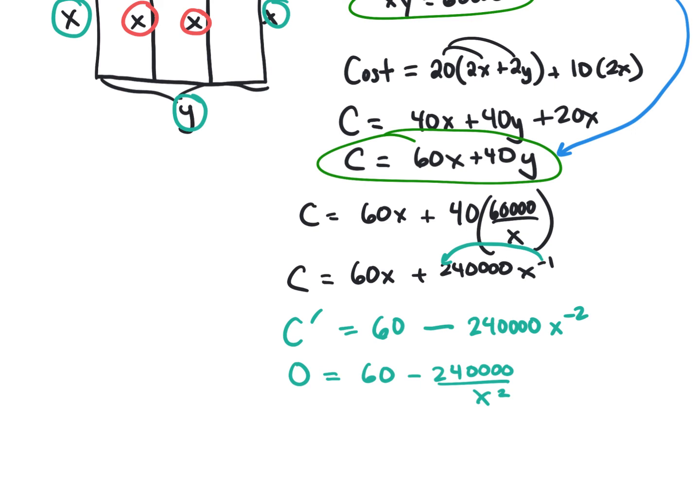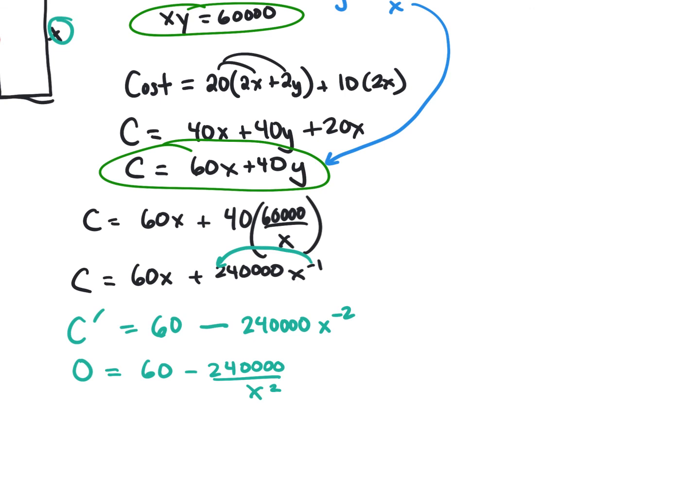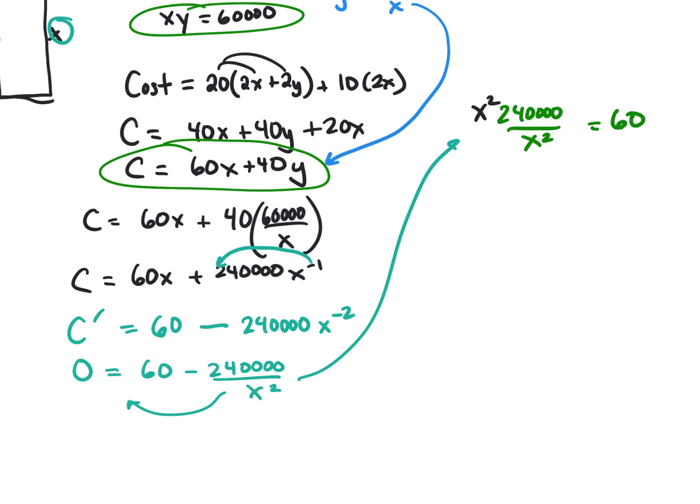So there's a million ways to solve this now that we have this equation. I'm going to add this term to the other side, so I get 2,400,000 over x squared equals 60. Simplest way is to multiply x squared to both sides, because these will cancel. So I'll get 2,400,000 equals 60x squared.